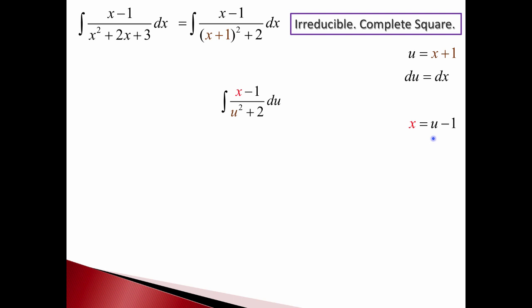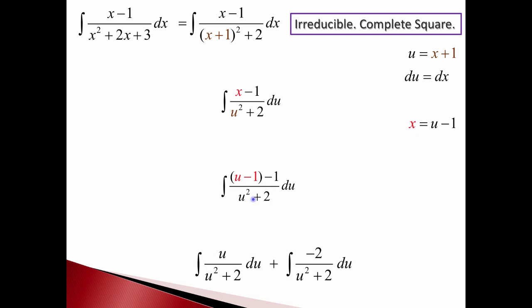Oh, okay. Well, then in this special case, when we can solve for x, we could make this work. I could take x equal to u minus 1 and stick it right there where the x was before. So this becomes u minus 1 minus the 1 that we had before, all in the numerator. Altogether that gives us u minus 2.